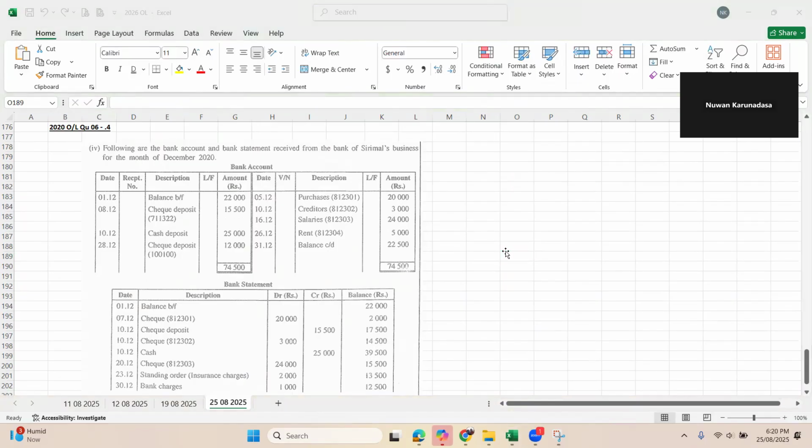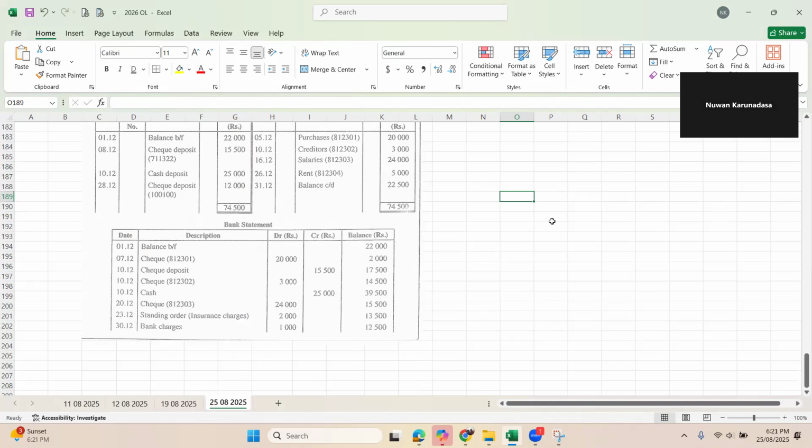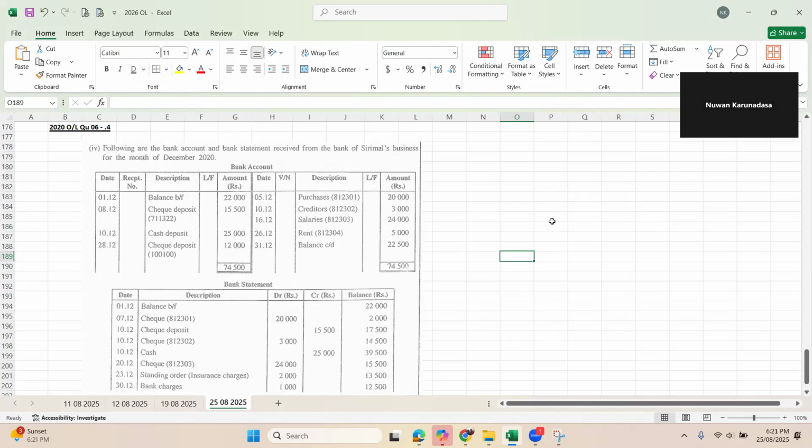Right, we'll see. So this is one of the O-level past papers. So we'll prepare all the cash book and we'll discuss in detail.